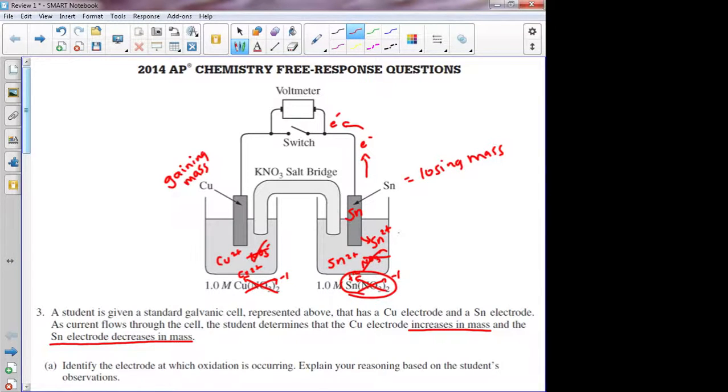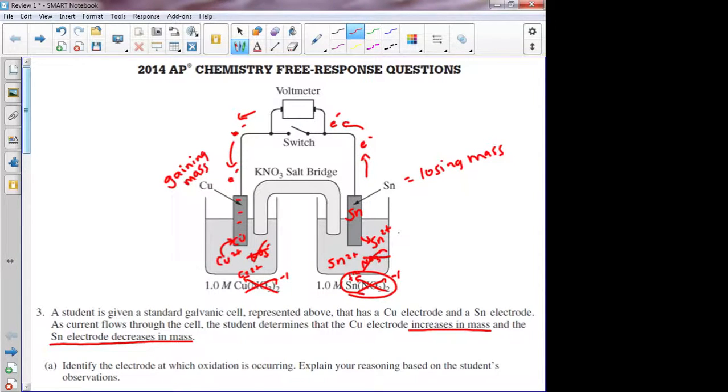So this side is gaining the electrons. The negative electron charge builds up in this electrode, and every time one of these copper ions touches the electrode, it turns into copper.